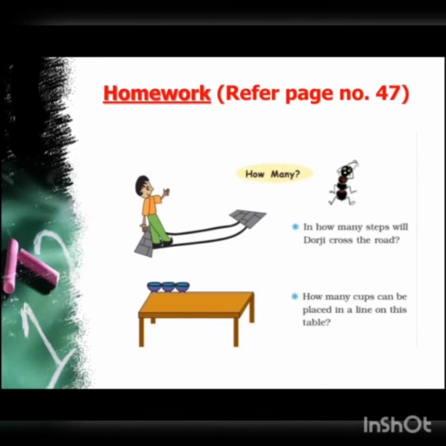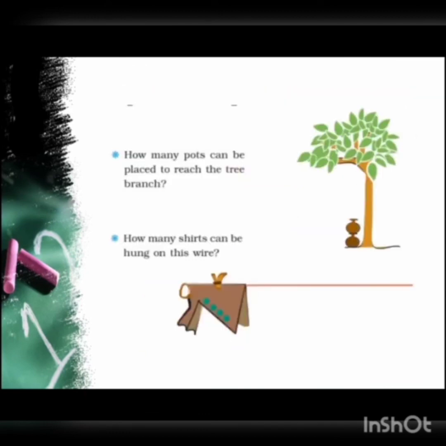Second one, how many cups can be placed in a line on this table? How many pots can be placed to reach the tree branch? And the last one, how many shirts can be hung on this wire? Try to find out the most appropriate answer.